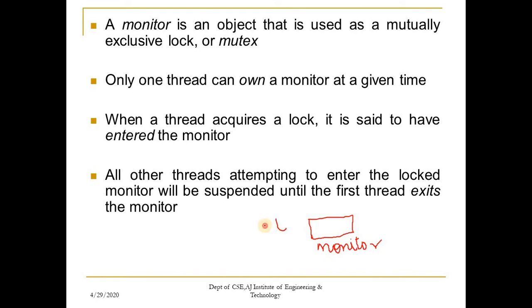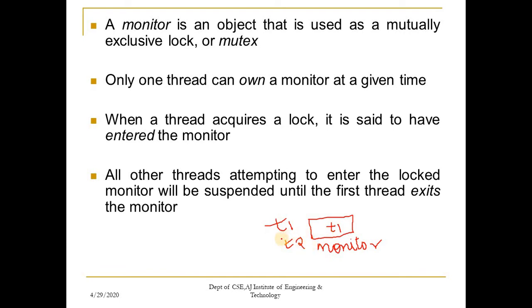Suppose you have two threads here, T1 and T2. If T1 has acquired the lock, it is said to have entered the monitor. When a thread is inside that monitor, it has acquired the lock and it has access to that resource. Now the remaining threads attempting to enter the lock will be suspended.